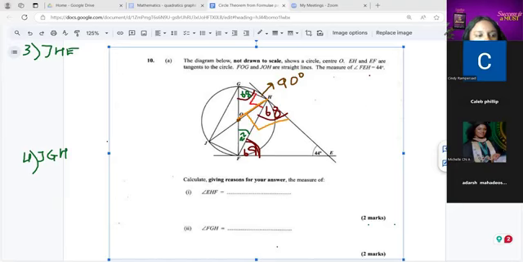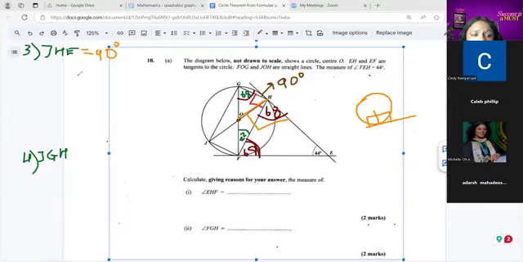So when a radius and a tangent meet, it forms 90 degrees, actually on both sides. So that is 90 degrees right there, because OH is the radius and this is the tangent. Okay, I kind of went off a little bit, but the answer is 90 degrees.